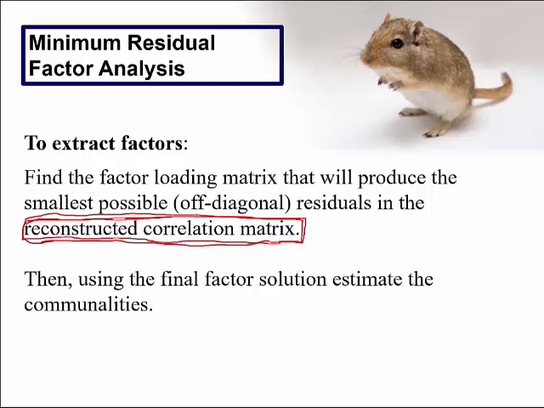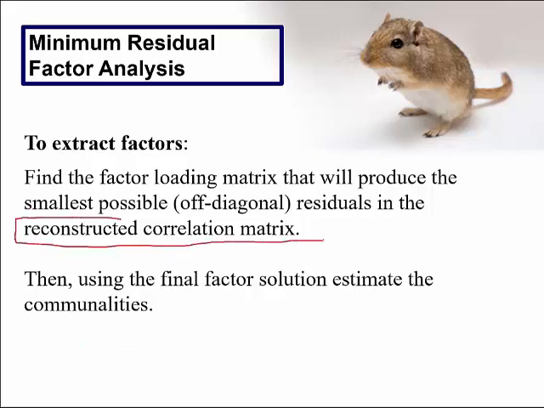And if we have factors that explain 100% of the variance in our items, then we will also perfectly reconstruct our correlation matrix. So with minimum residual approaches, instead of trying to produce factors that will explain the maximum amount of variance in the items, we're going to try to produce factors that will reproduce as accurately as possible the reconstructed correlation matrix. So we want to find factor loadings that will produce the smallest possible residuals in the reconstructed correlation matrix.